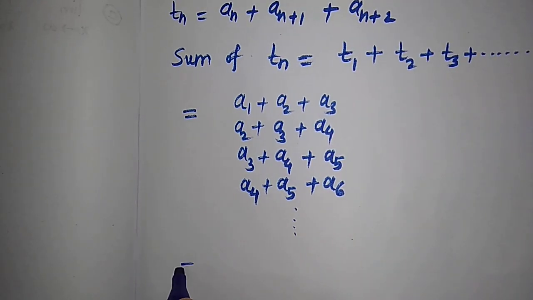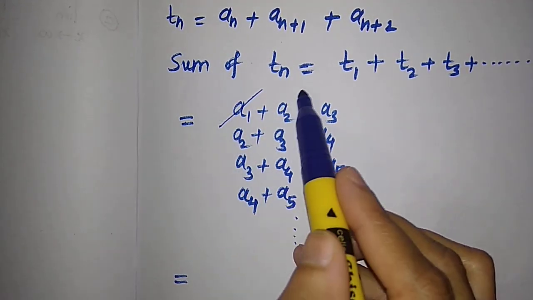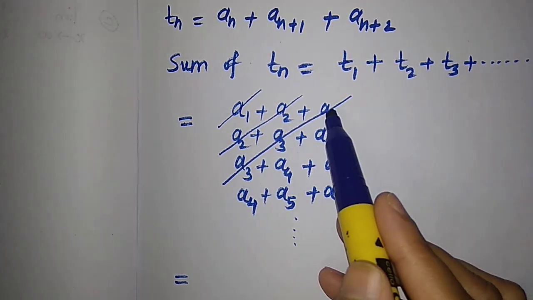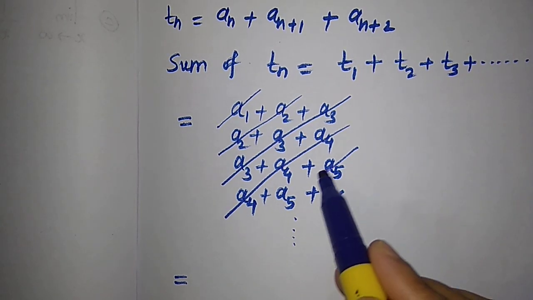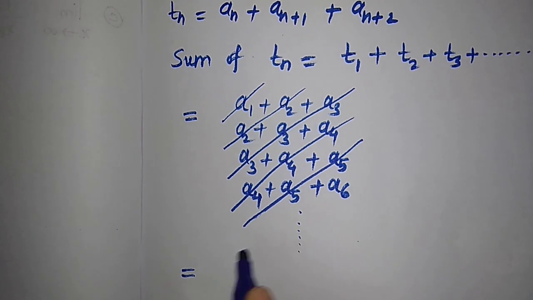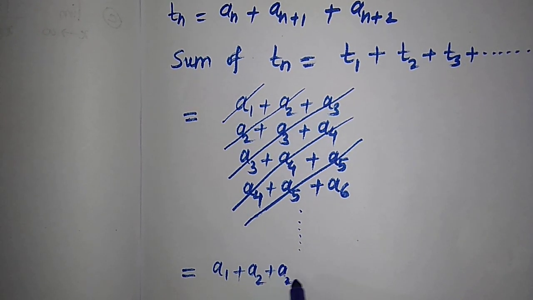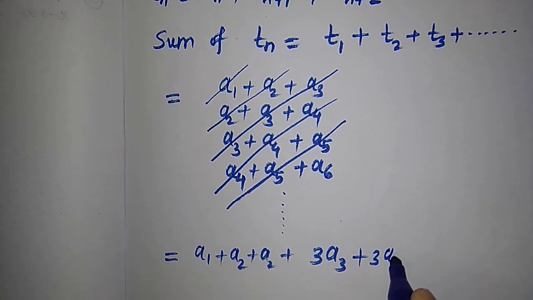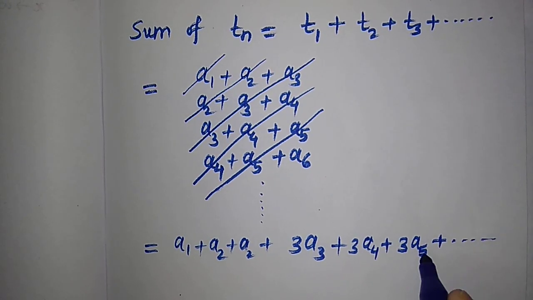Now you just add this. So see that this is a1, a2 plus a2, and now a3 is repeated thrice, a4 is repeated thrice, similarly a5 will repeat thrice and so on. So we have a1 plus a2 plus a2 plus 3 times a3 plus 3 times a4 plus 3 times a5 and so on.